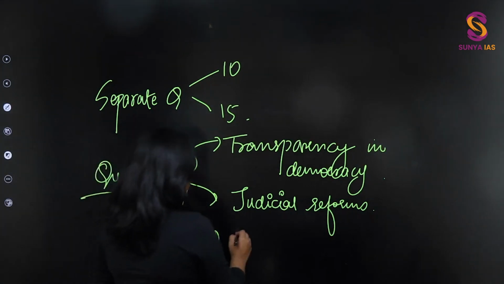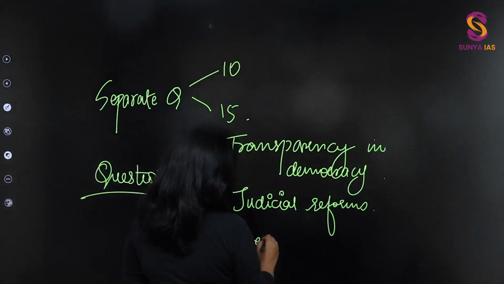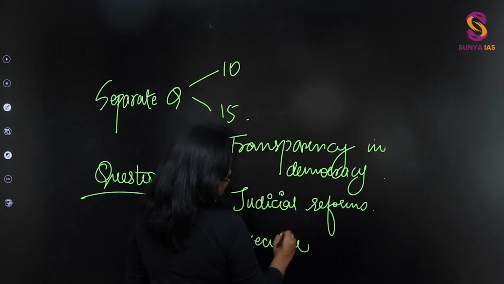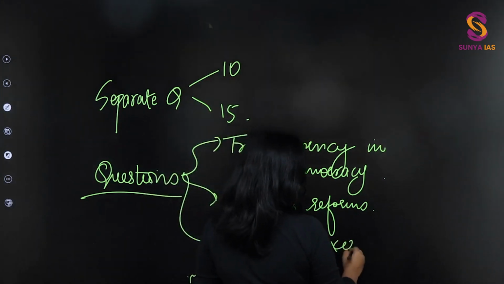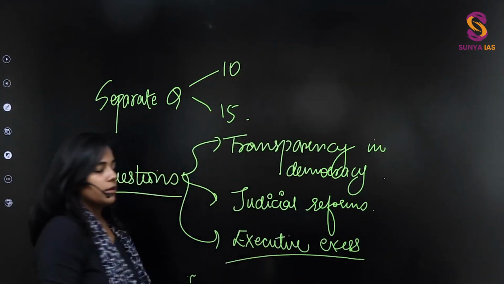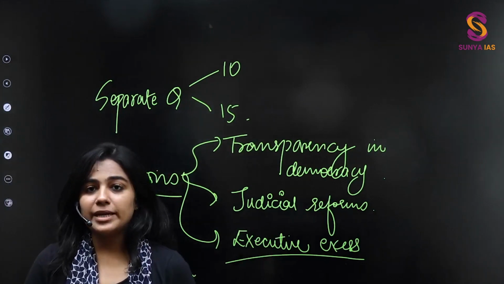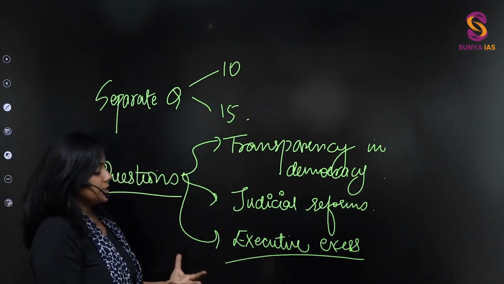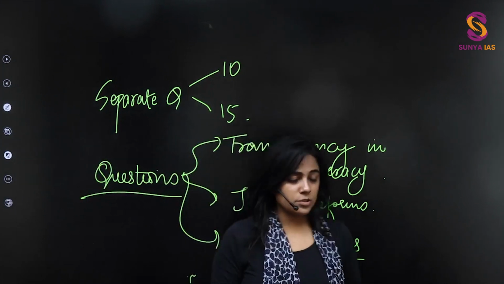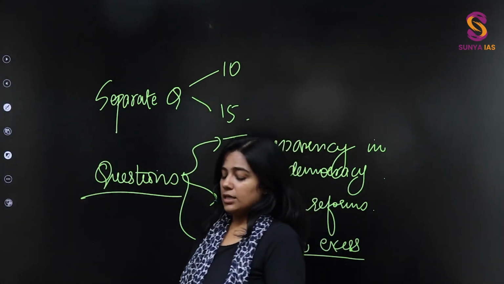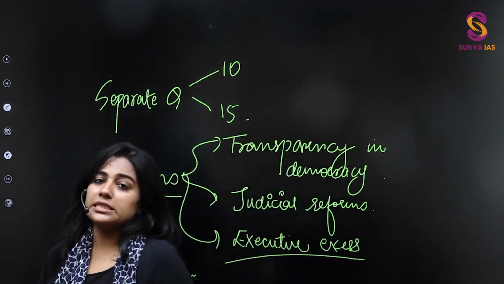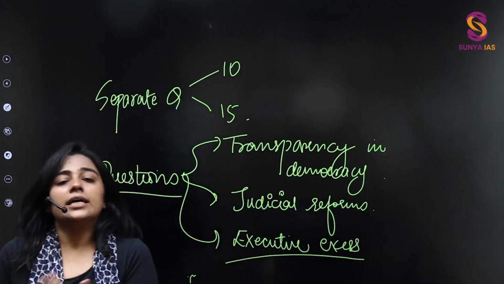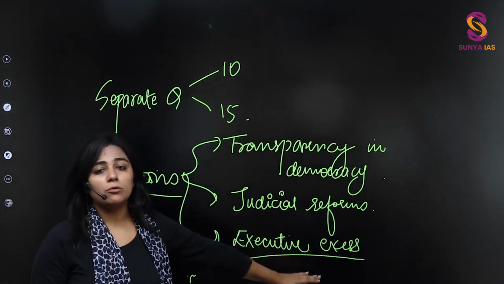Then it can also be used in a question on executive excess. If the executive is using sealed cover jurisprudence extensively, it is providing information in sealed covers extensively, it is overstretching its boundaries.